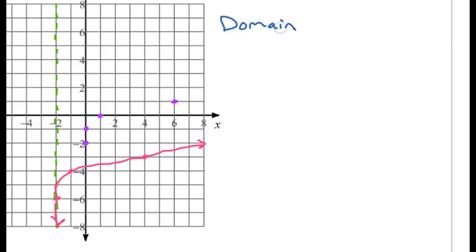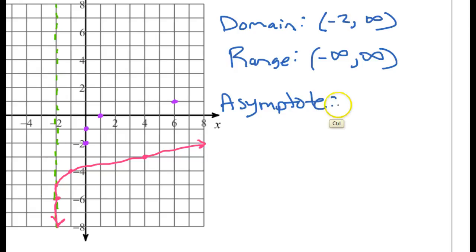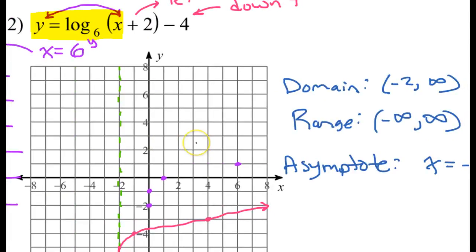So the domain, the x values left to right, that's going to be -2 to infinity. The range, that's the y values, so bottom to top, that is -infinity to positive infinity. And the asymptote, that's going to be x equals -2. So that's it for problem number 2.